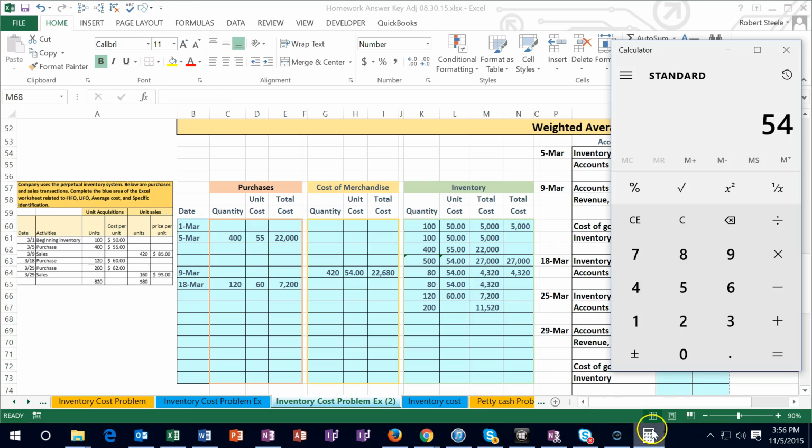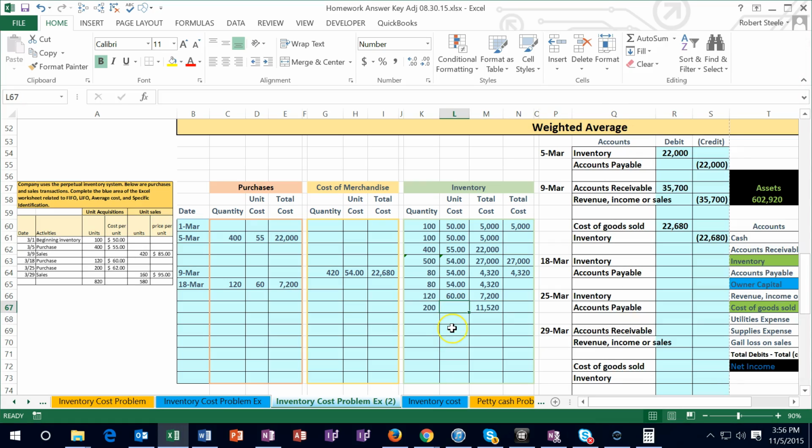And then once again, if we had our calculator over here, we just say, well, if the total cost was 11,520 divided by the 200 units, then the average cost is 5760. So if we do that calculation here, then we're going to say it equals the 11,520 divided by the 200, and that will give us the 5760.